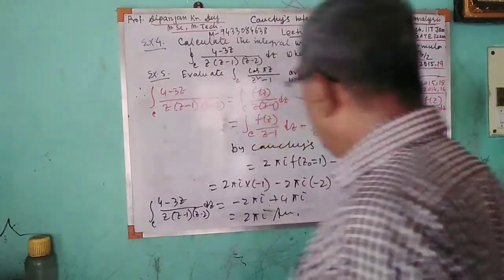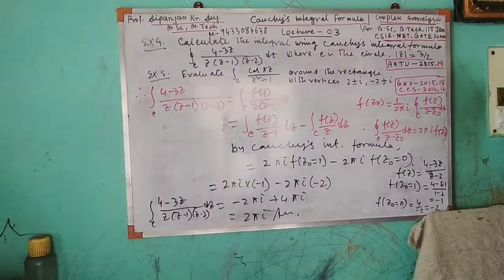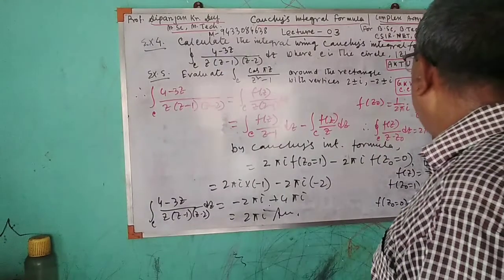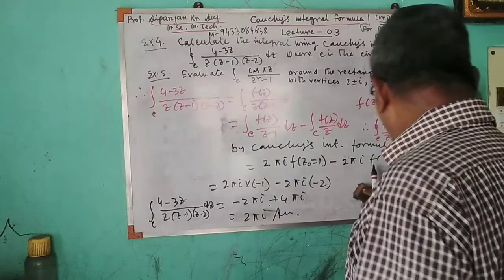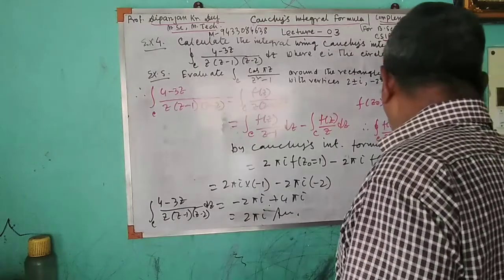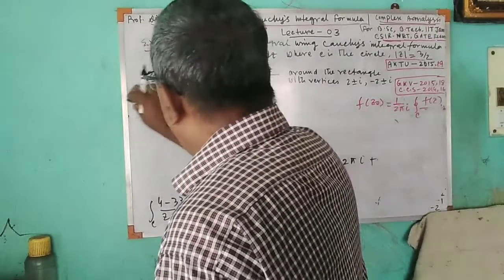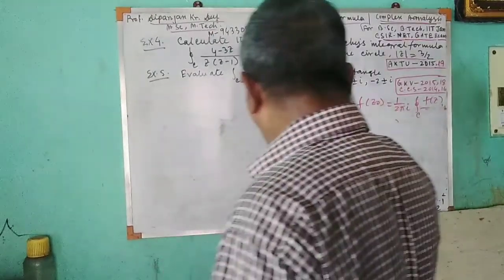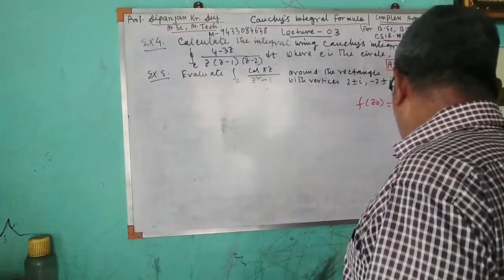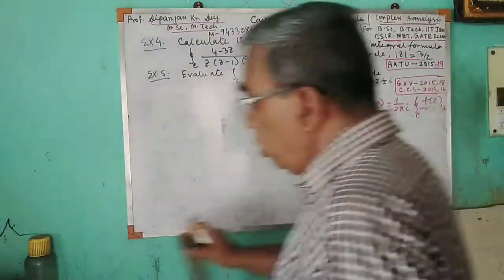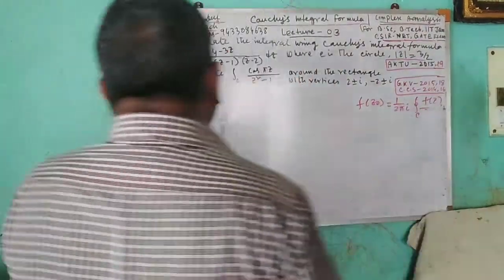Okay. Now we are coming to example number 5. I am solving example number 5. What is example number 5?